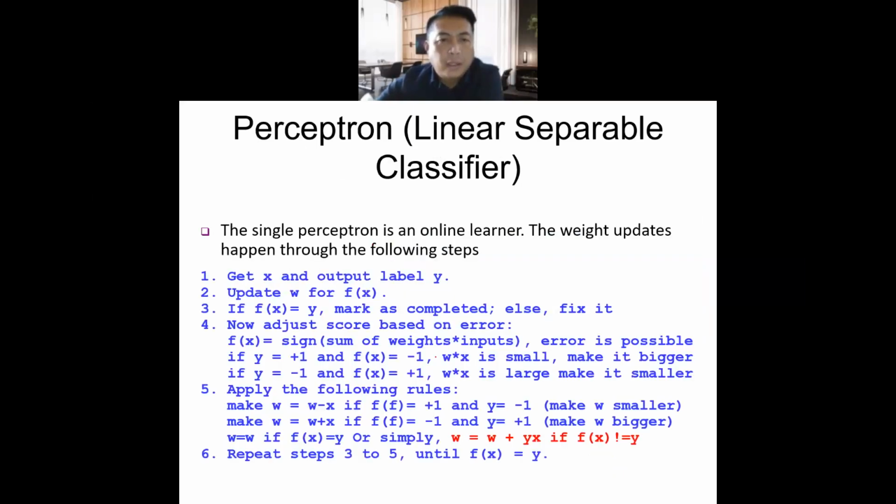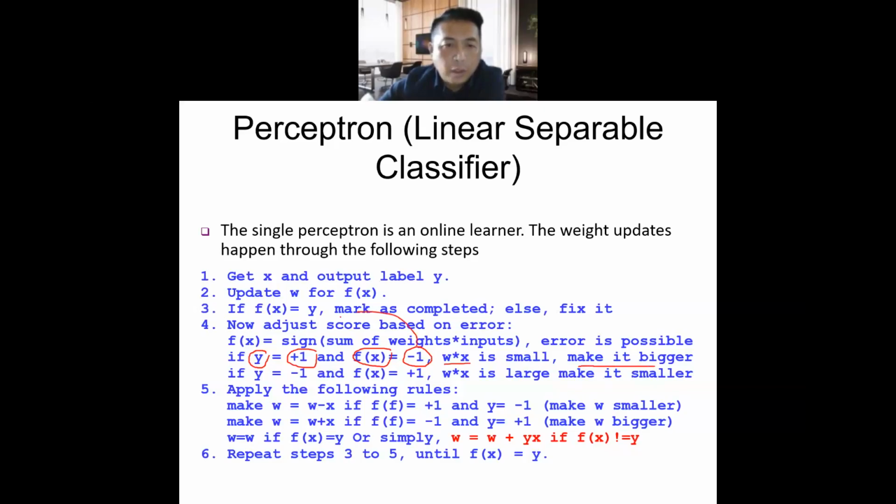Okay, so if we translate them into pseudocode, we will have an adjustment here. If the y is +1 and the predicted value is -1, the prediction is too small, so you need to make it bigger.